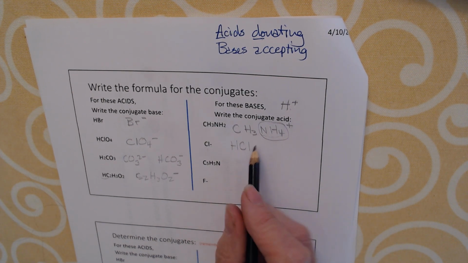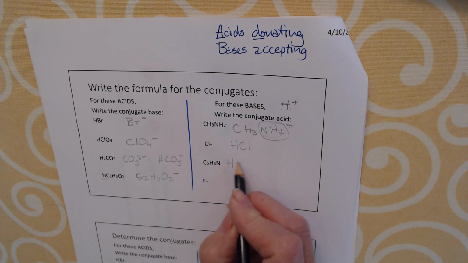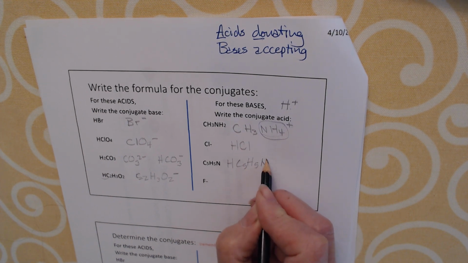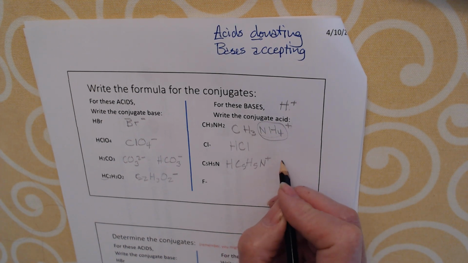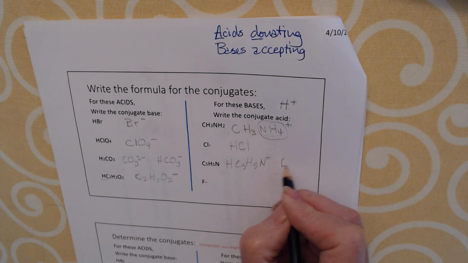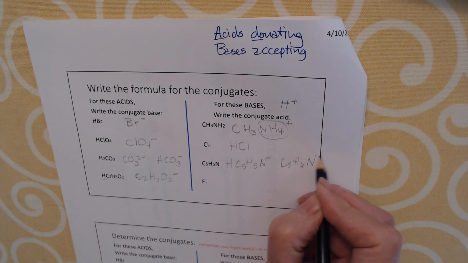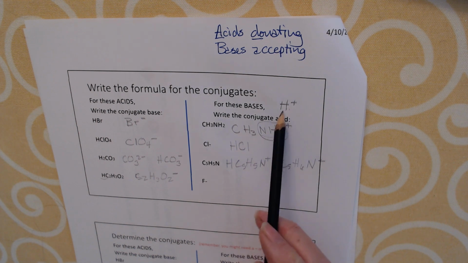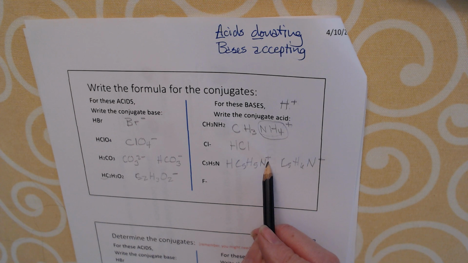Okay, and here on this one, you could either say HC5H5N, I would accept that with a plus, or you could say C5H6N plus. Okay, so again, it's when it's neutral and I add my H plus, I've got to add an H, and I've also got to add a plus.